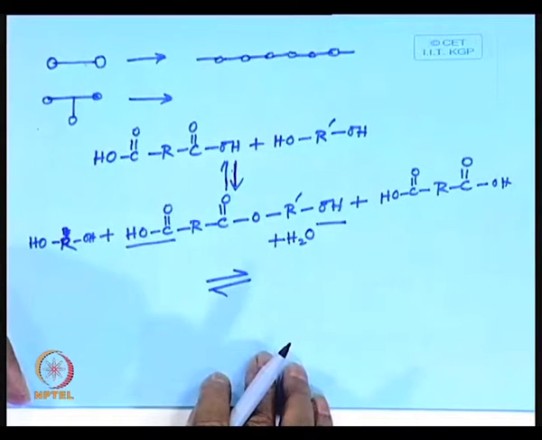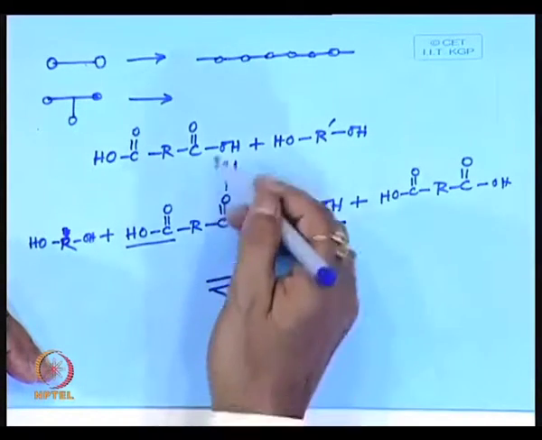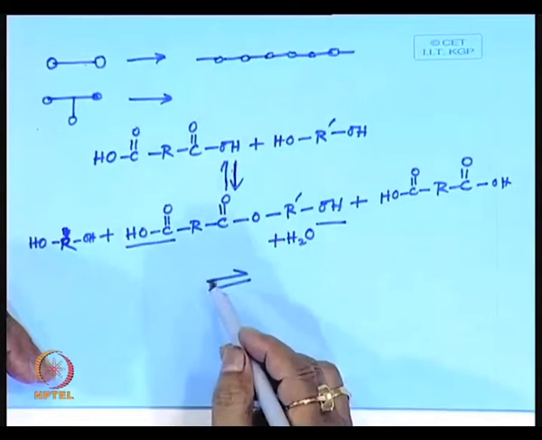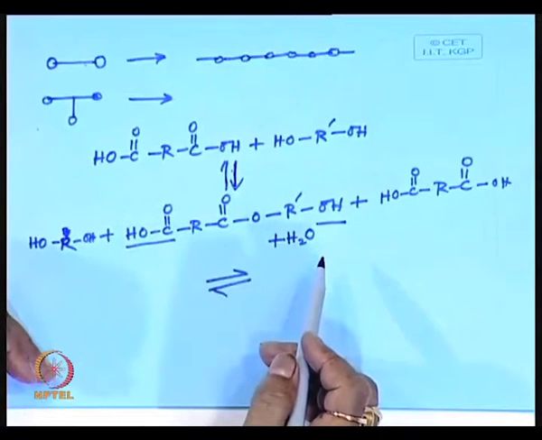Now, if that water molecule is removed from the reaction medium, then this reaction will proceed towards the forward direction, breaking the equilibrium. This is a principle. Otherwise, you cannot get the progress of reaction. You will not get product until you break the equilibrium.